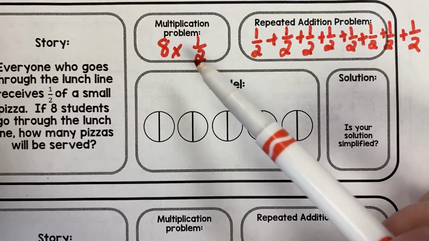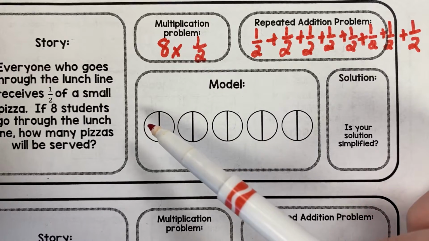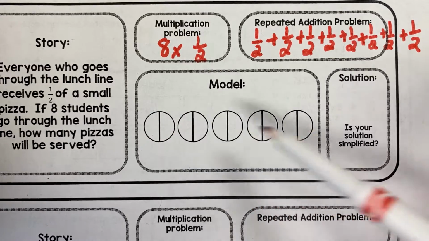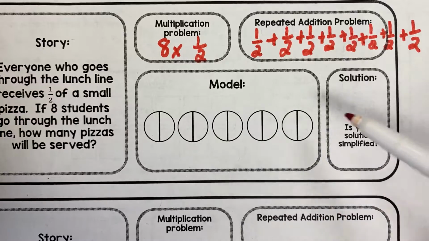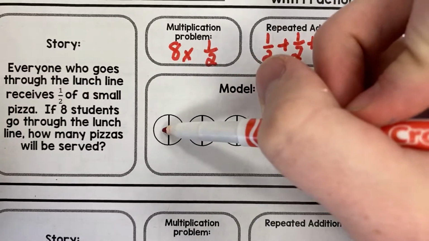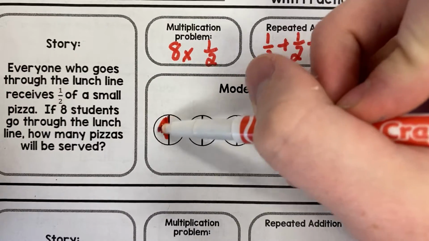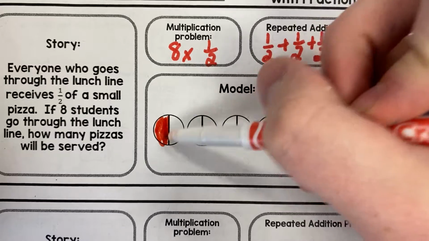All right, so the way I wanna do this is I know I'm gonna do 1/2 8 times. So what that means is I'm gonna color in 1/2 8 times. So I'm gonna take 8 of these halves. So for instance, right here would be 1/2.